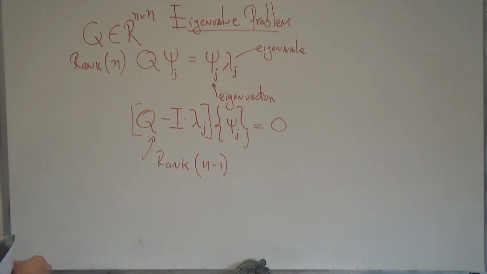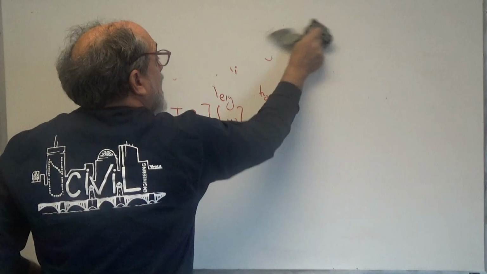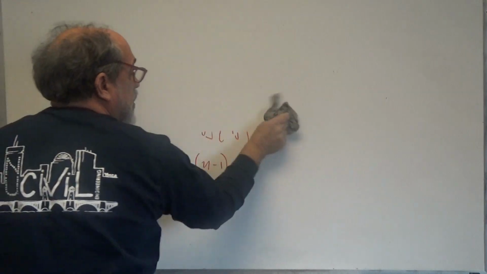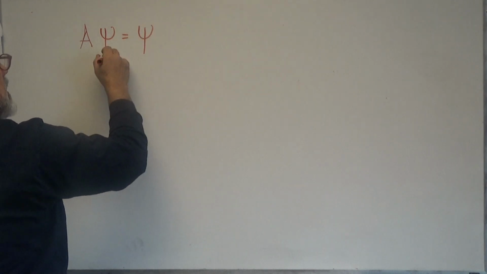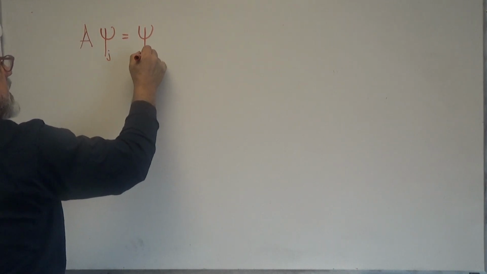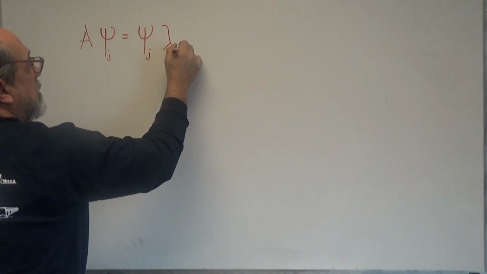Now, with that introductory note, let's begin. So let's take a look again. I'm going to change the notation from Q to A. I don't know why, but anyway, let's look at the eigenvalue problem here like this. So I have A times phi j is phi j times lambda j, all right?